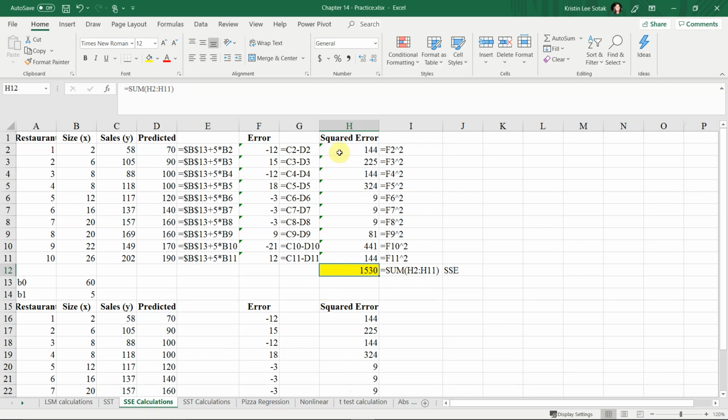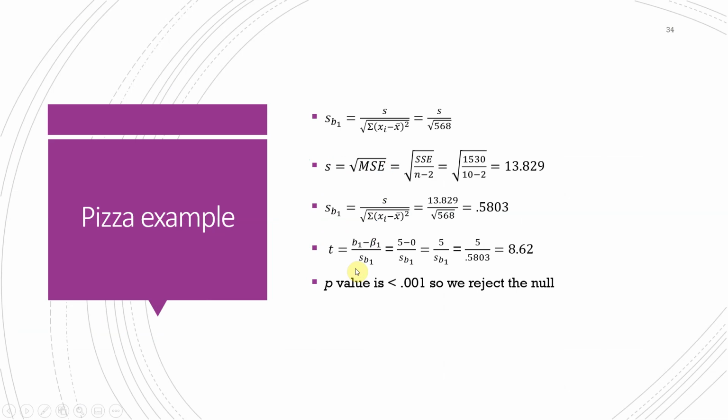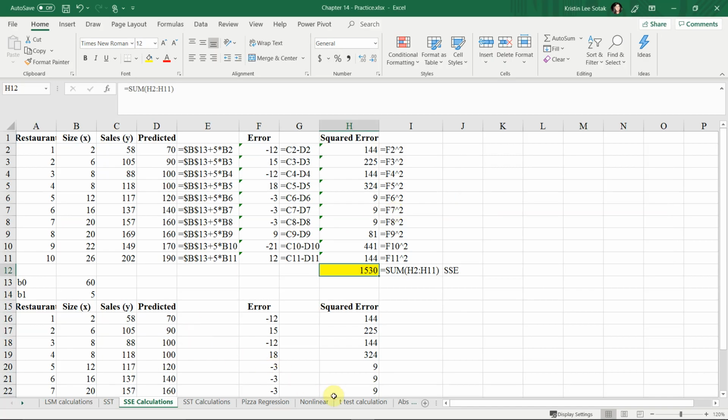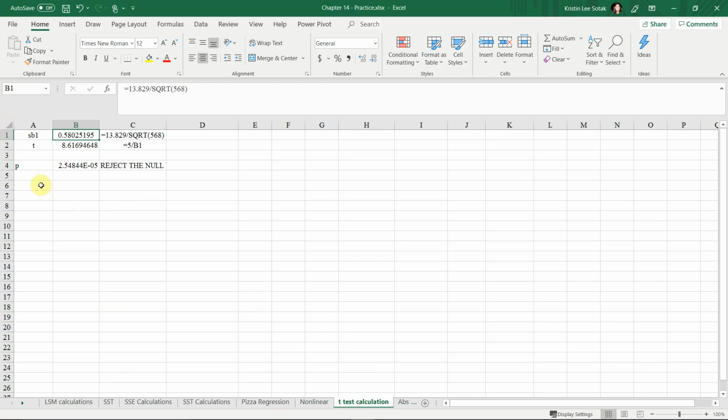So yeah, the sum of squares error, we have that value that we already calculated. This is the squared error, so if we just sum that, we have the sum of squares error, which is 1530. Let's go to our t calculations. If we want to figure out what s is, we need to take the square root of the mean squared error.